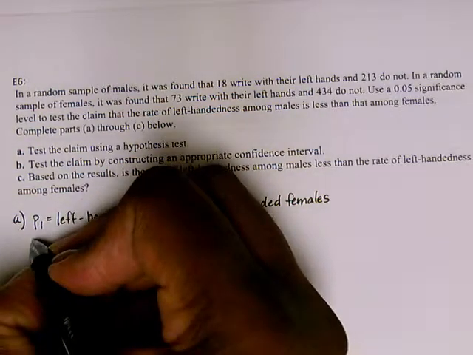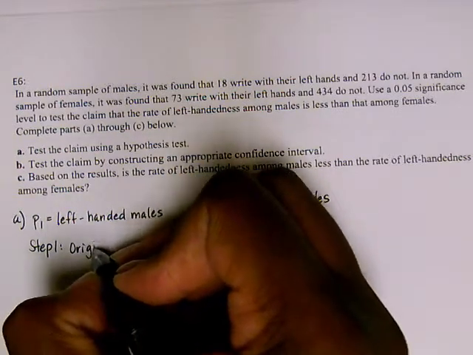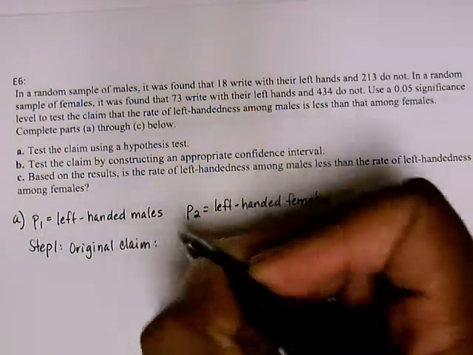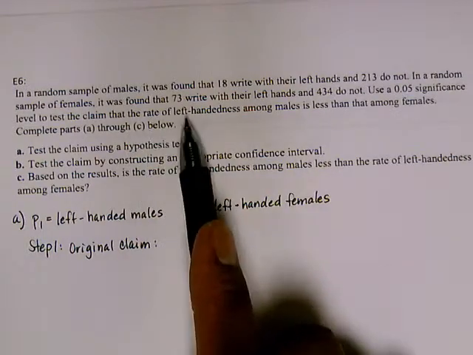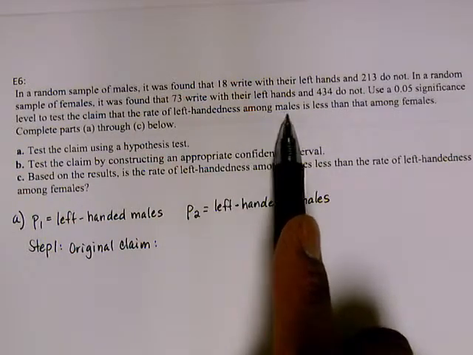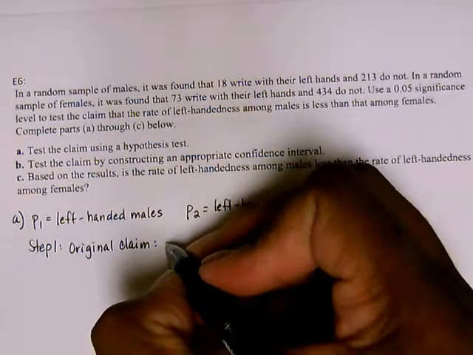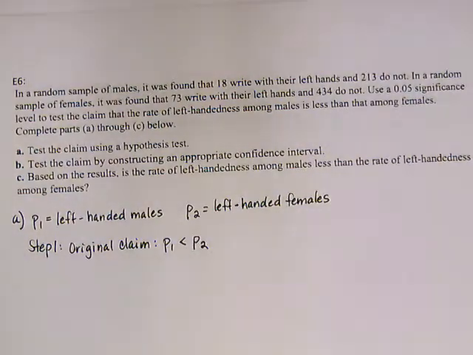Step number 1 is writing the original claim in symbolic form. So in this case, we're testing the claim that the rate of left-handedness among males is less than that among females. So p sub 1 must be less than p sub 2. So that's the original claim in symbolic notation.